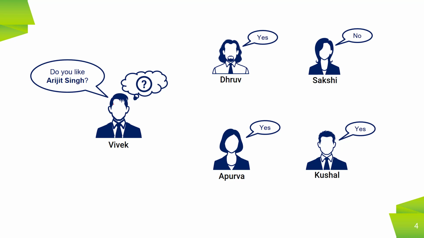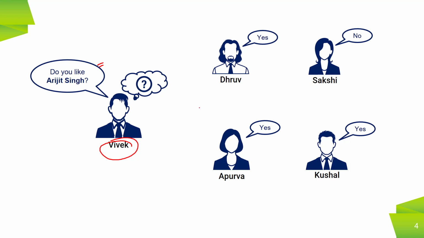So if a person, that means in this our case Vivek, is interested in knowing this question, right? Do you like Arijit Singh or not? So he will go to different people, few of his friends, and he will go and ask this question, right? So that is a process of collecting data.